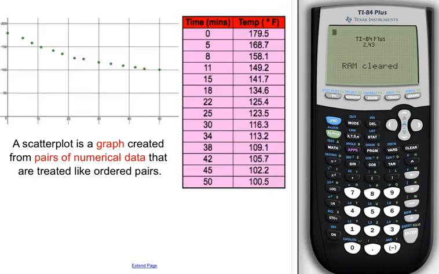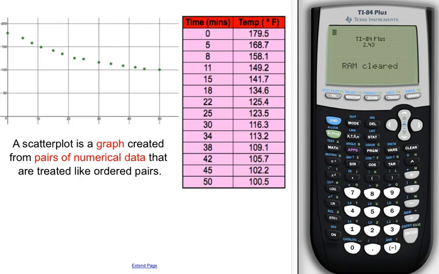Recall that a scatter plot is just a graph that we form from two pairs of numerical data, and it's treated as if there's some sort of link between them. So here what we see is the time and temperature for a cup of coffee that's just been left sitting on somebody's desk.